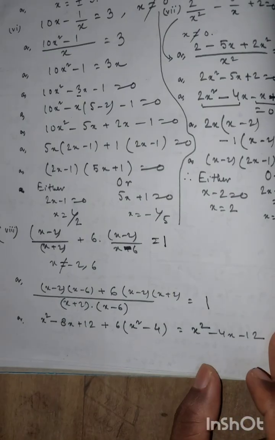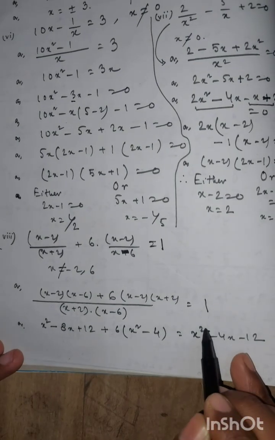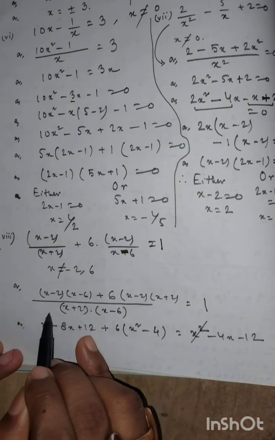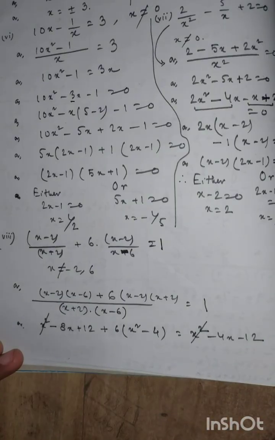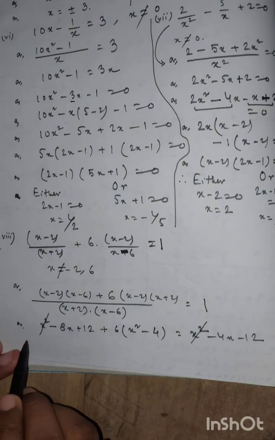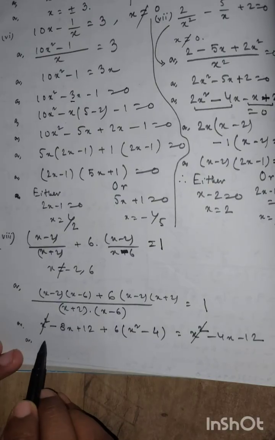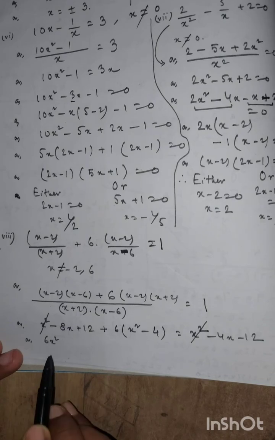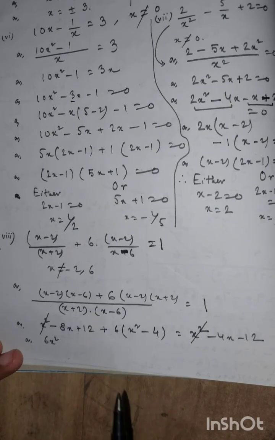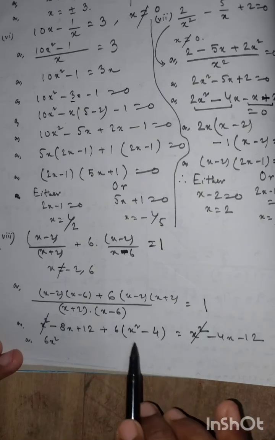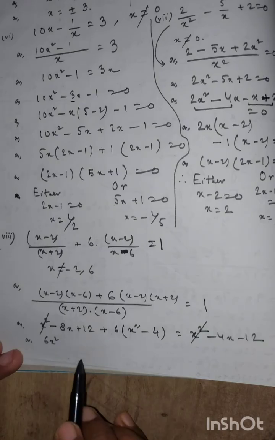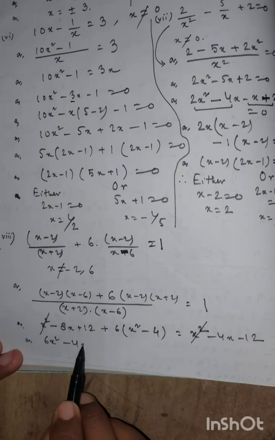Now we can cancel x square from both these sides. Or 6x square. If we take minus 4x to this side, it becomes plus 4x, so minus 8x plus 4x, that is minus 4x.